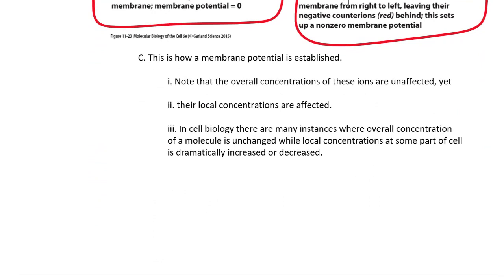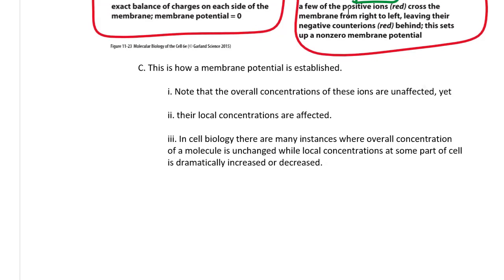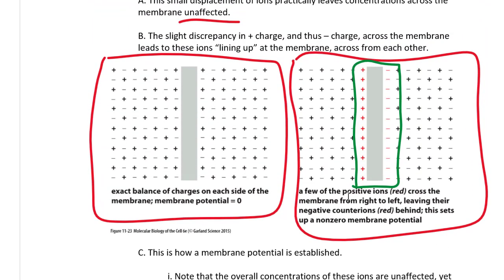Note that overall concentration of these ions are unaffected, yet their local concentrations are affected. In cell biology, there are many instances where overall concentration of a molecule is unchanged, while local concentrations at some part of the cell is dramatically increased or decreased. So here, you can see that local concentrations of positive charge have increased.